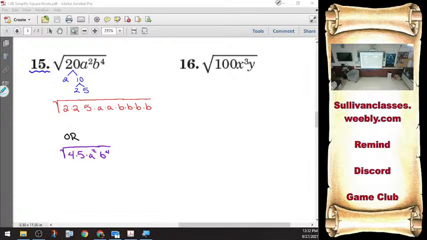And then you look for pairs. There's a pair of 2's, 1 comes out. There's a pair of A's, 1 comes out. A pair of B's, 1 comes out.